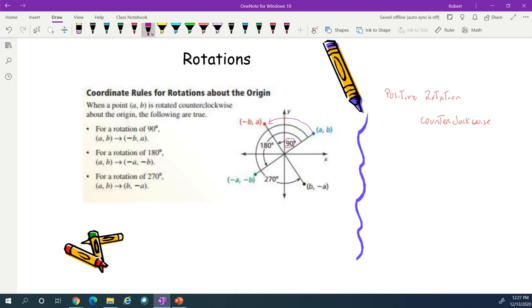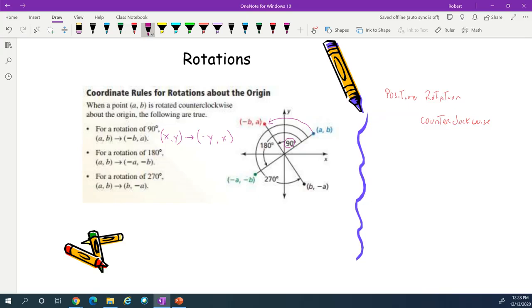For a rotation of 90 degrees, take the A and the B, which is really the X and the Y, swap them, and then change the B value to a negative. So change the Y value to a negative. Again, we're typically using X's and Y's, but this is a textbook showing it to us. What they're doing is saying move the Y up front, but change its sign, multiply by -1, and put the X value to the back.